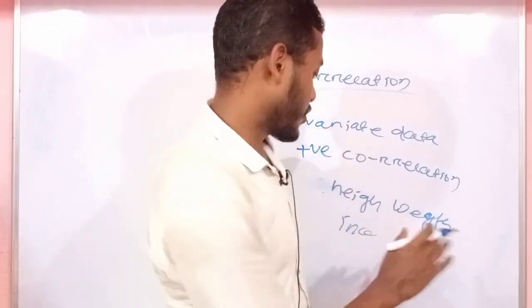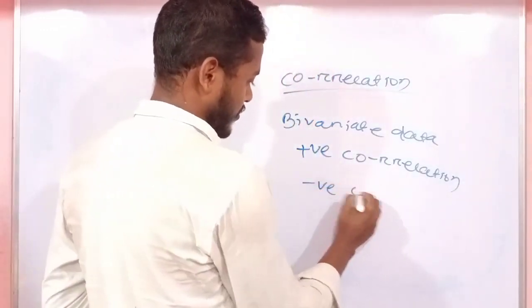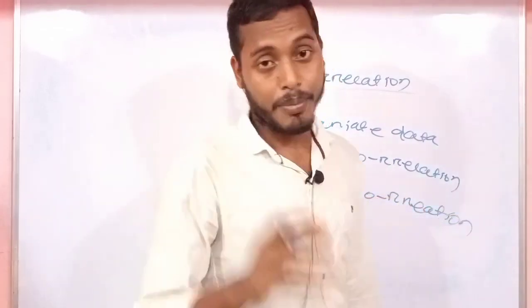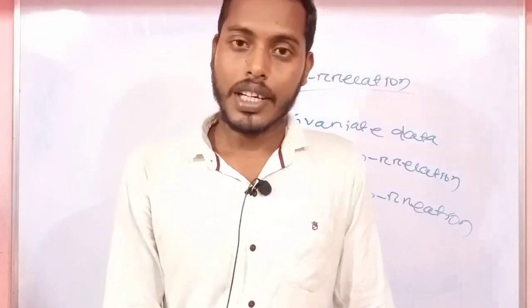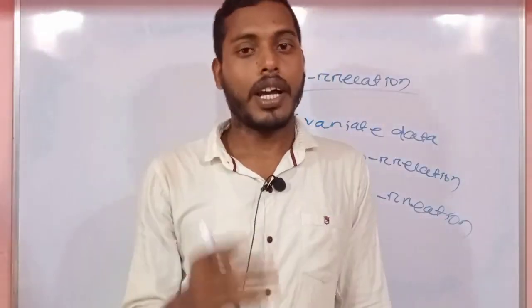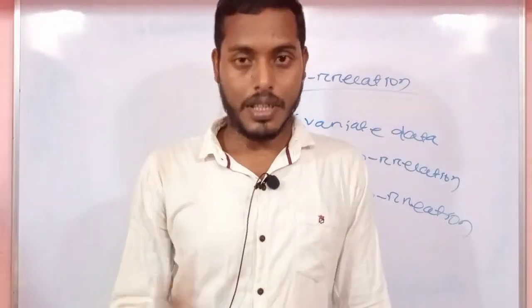Then what is negative correlation? Two variables are said to be correlated to each other if one variable continuously increases at a particular time and the other variable continuously decreases; this is known as negative correlation.